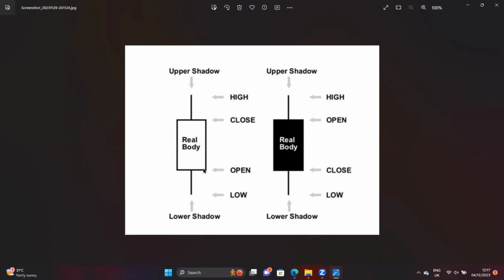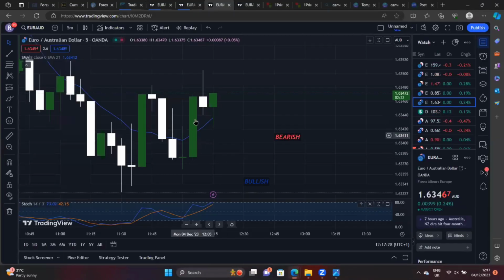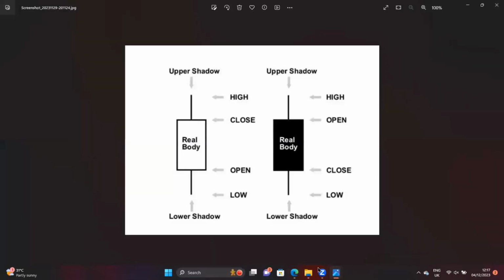If a candle opens below and closes above, we would say that that candle is a bullish candle, which means that price was rising at that particular time frame. That's a bullish candlestick.